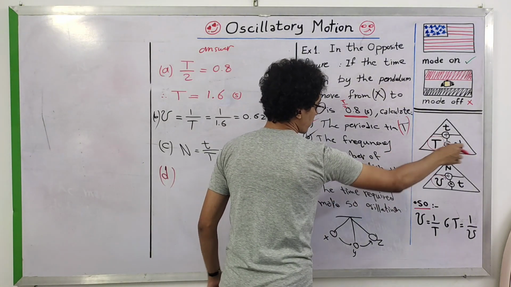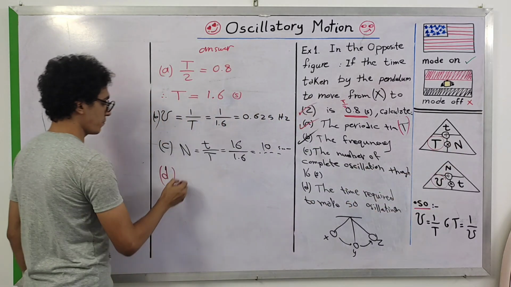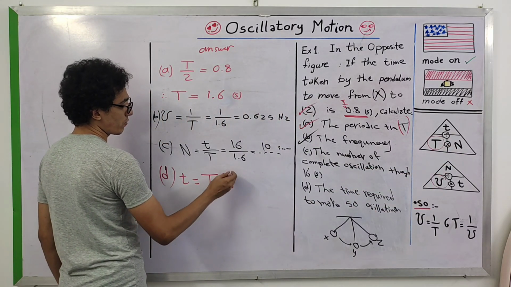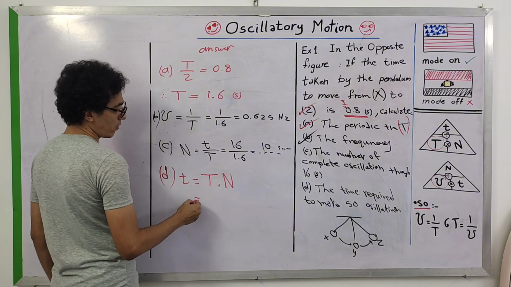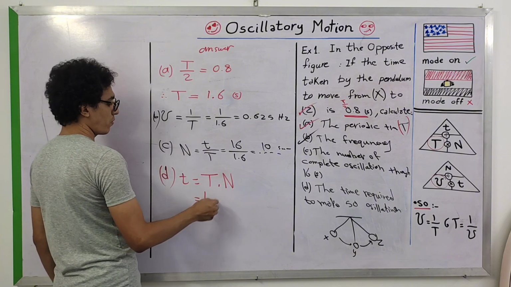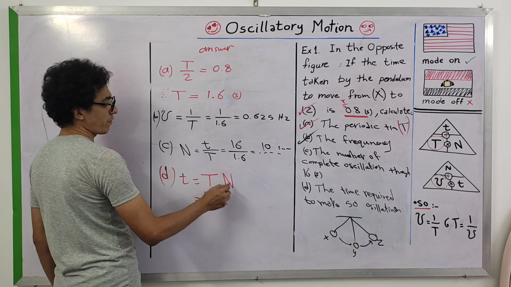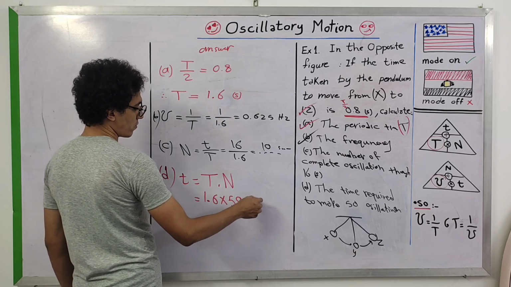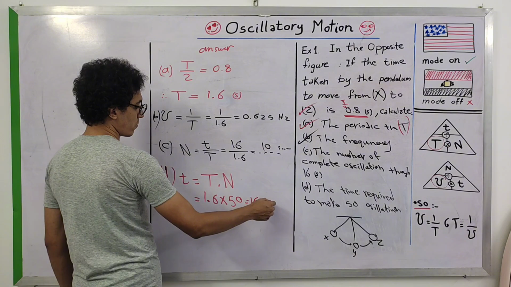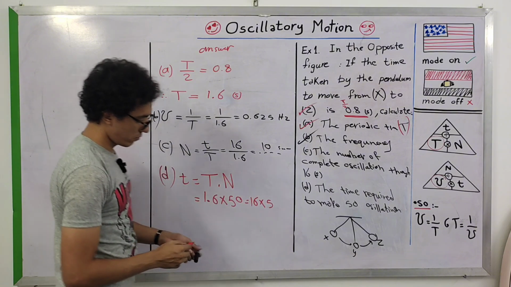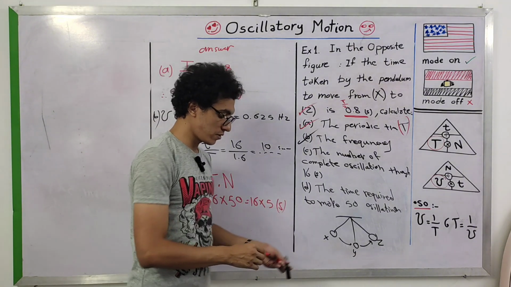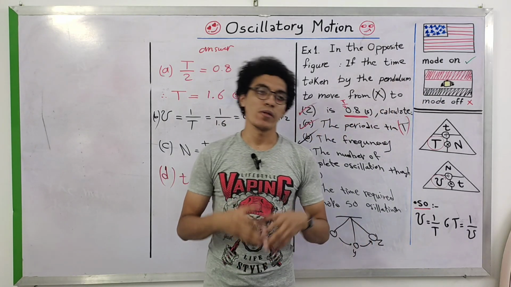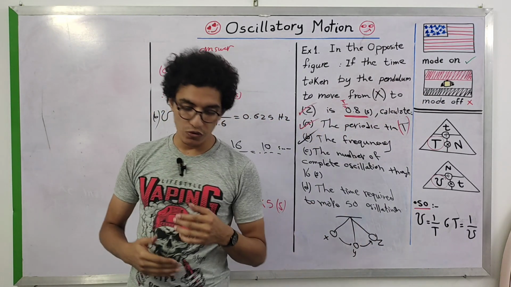Time by this law will be the uppercase T times N. This is 1.6 times 15, and this will be 24 seconds. So this is a simple introduction to oscillatory motion, and we will continue in another video.